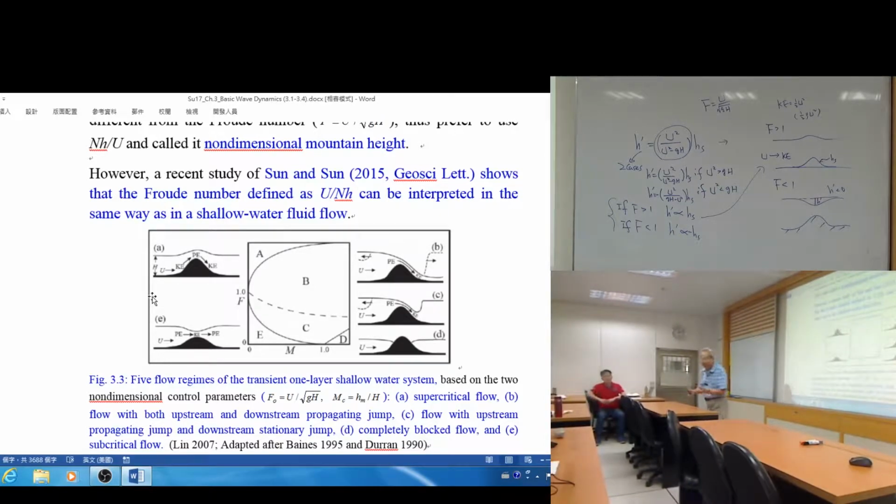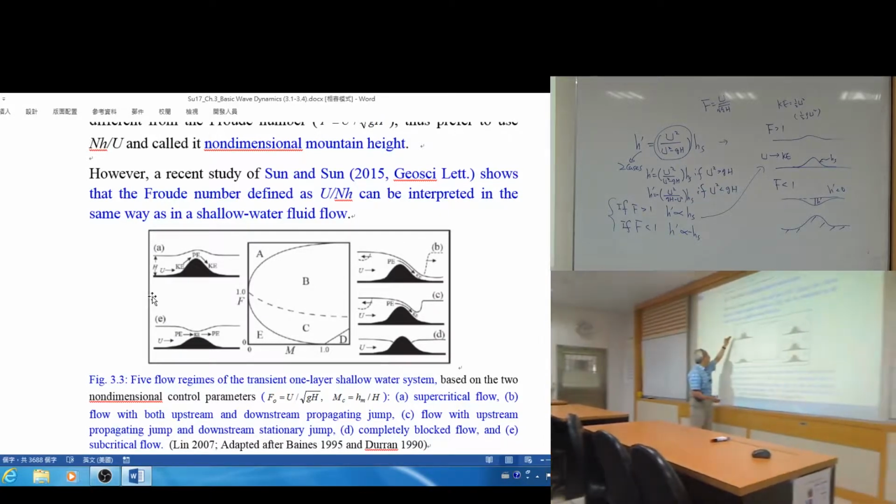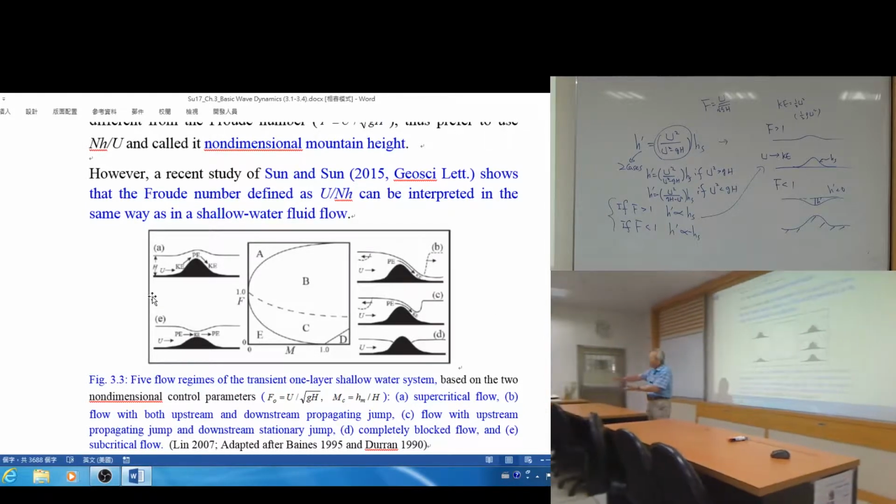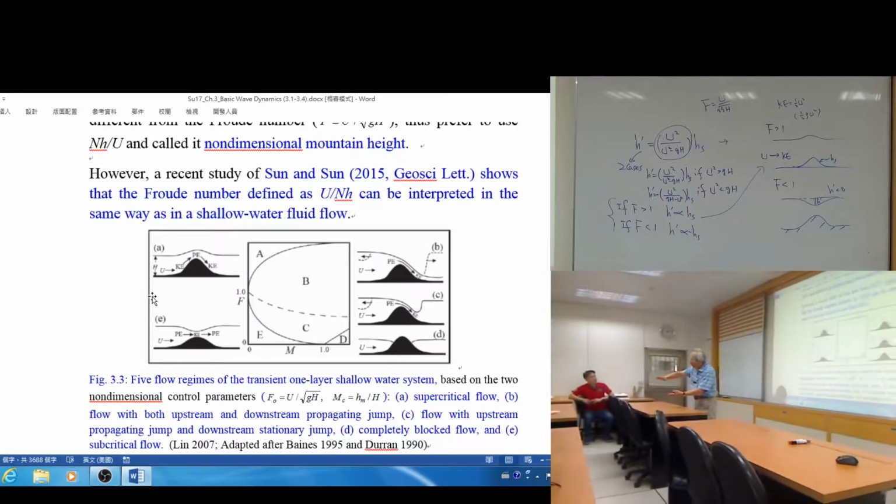And that kinetic energy will help the flow go over. But when you're going over, because your elevation is raised, you have to convert some kinetic energy to potential energy.